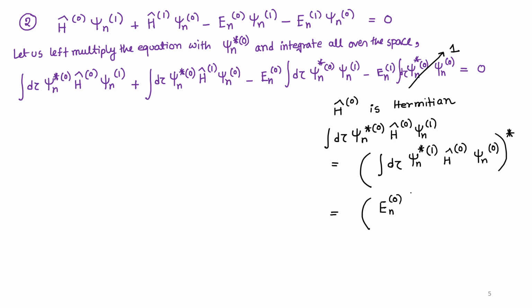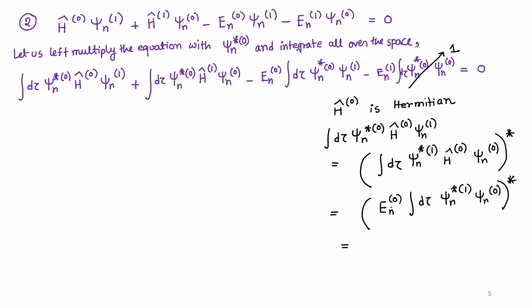So now this is going to give me d tau psi n star first order, obviously psi n zeroth order, and we have the eigenvalue outside of the integral because it is constant, and we should not forget the complex conjugate of the whole thing.